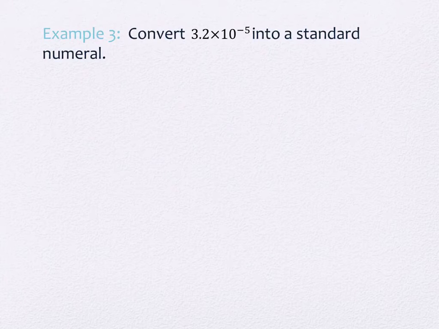So here's our example. We have 3.2 times 10 to the negative 5th. Well, the 5 tells me I moved the decimal 5 places. The negative tells me what? That the number needs to be small. So in order to get a small number, is my decimal going to move right or left? It's got to move left in order to get the number to be smaller.